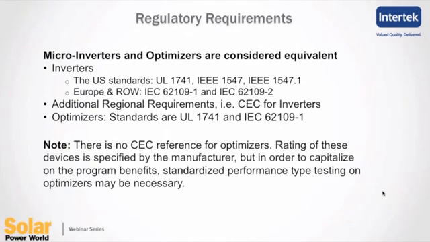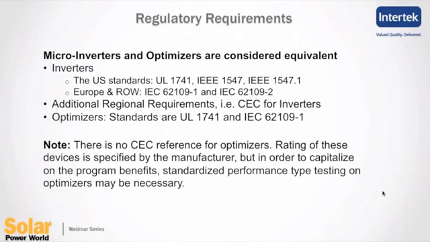So moving forward, so that's how big our structure is, but I want to start talking to you about the microinverters and the optimizers from a regulatory compliance perspective. There are specific certification requirements for both of those products, but in most cases they're considered very much equivalent when it comes to the certification standards.